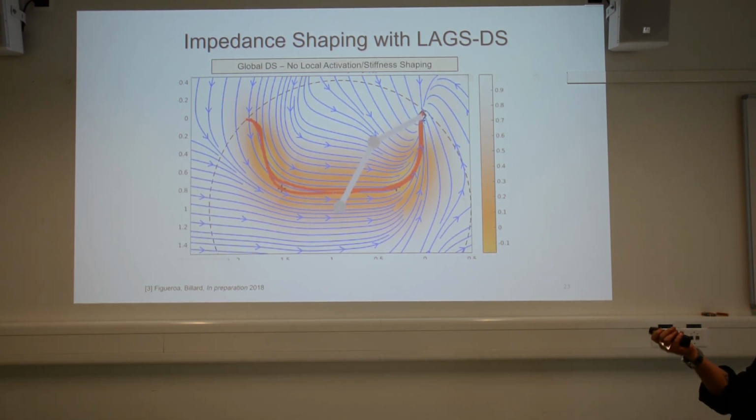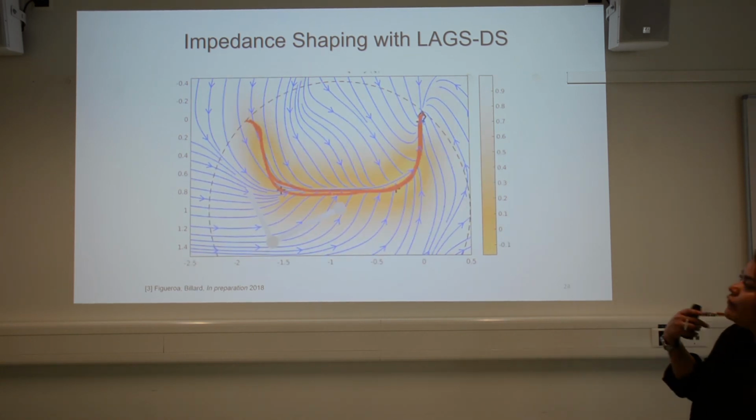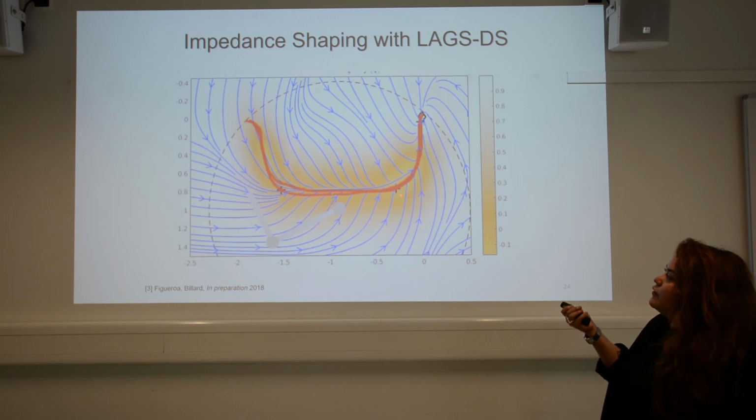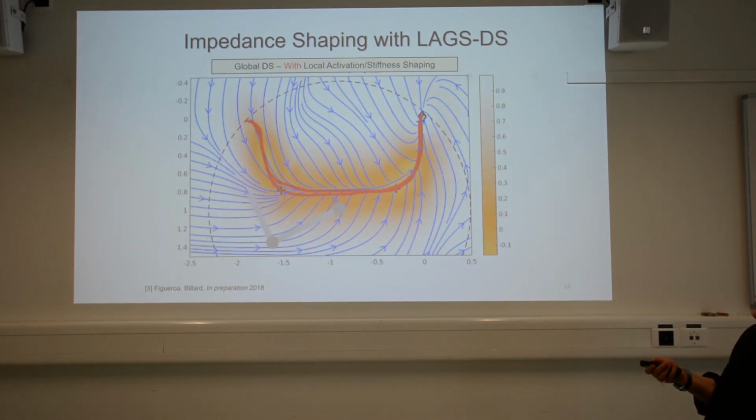As you can see, with some perturbations, the robot doesn't really follow the reference trajectory; it just goes towards the attractor. On the other hand, if we activate some locally symmetric behavior around this trajectory, we can see the following.